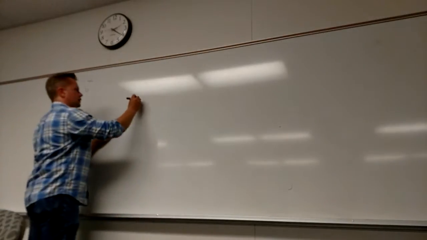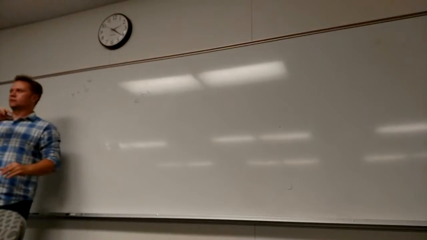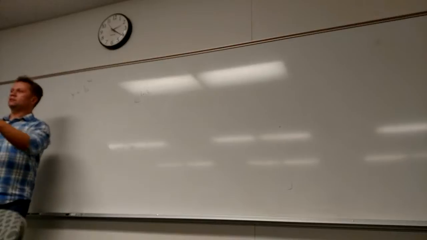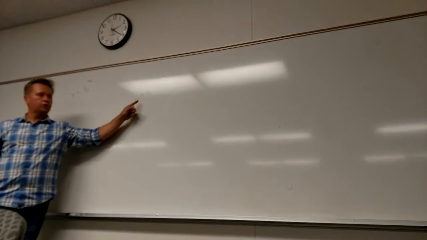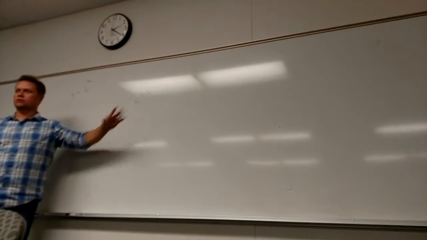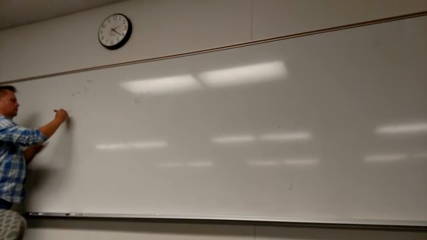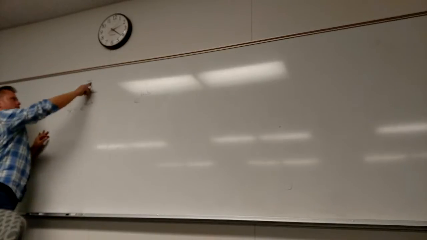What is e to the natural log of b? It's b. Why? Because e and natural log are inverses, so when you raise e to the natural log, they kill each other. So I can rewrite this as e to the ln b times x.